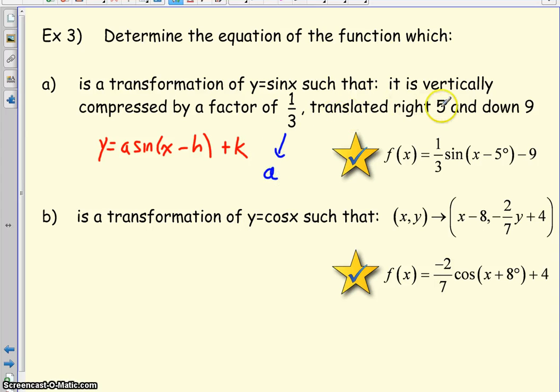We're translated right 5, so h will be 5, x minus 5 degrees, and then down 9 gives you a k of -9. So we get our overall function right there, f(x) = 1/3 sin(x - 5°) - 9. Okay, for b, we're working with cosine of x, so it's the same form that you're going to see up here, except it's going to be cos instead of sine.